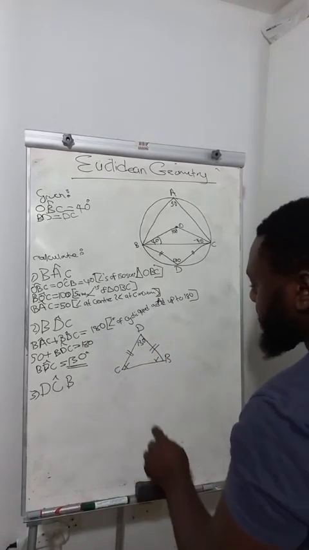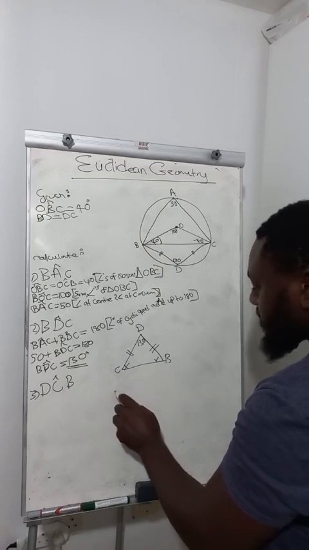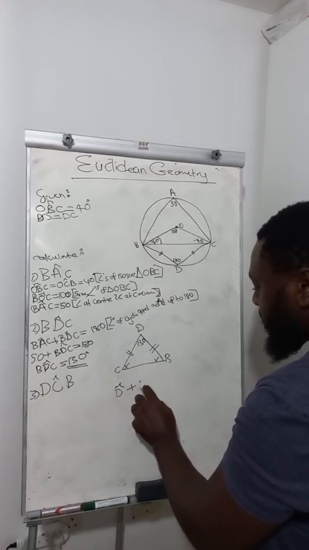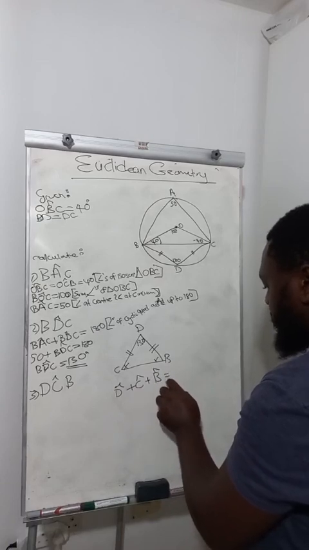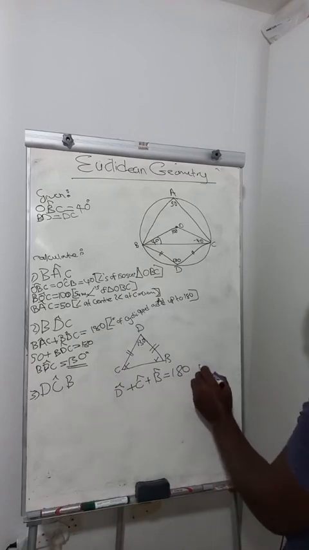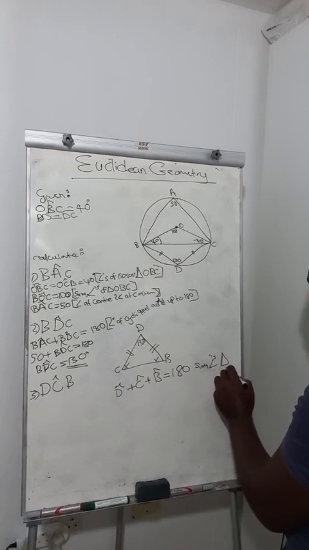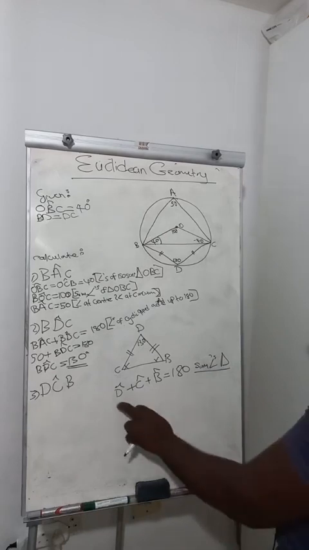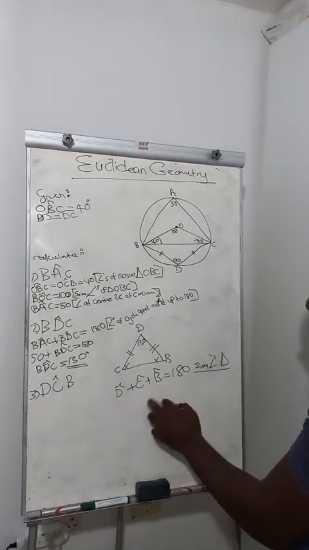In this case, let me just say angle D plus angle C plus angle B is equal to 180. This will just be the sum of angles of a triangle, DCB. And then you find that D and C are the same.